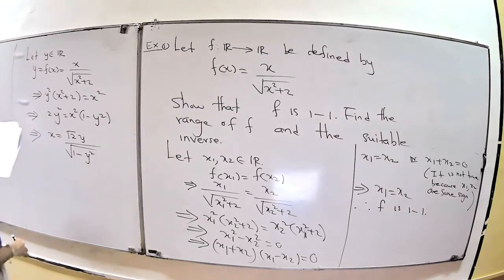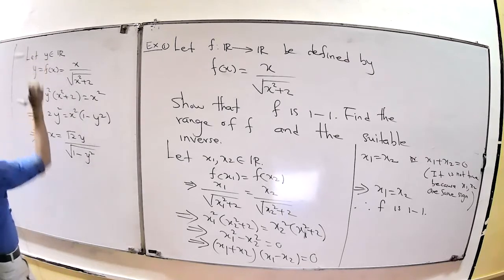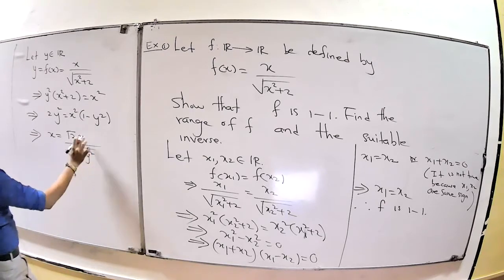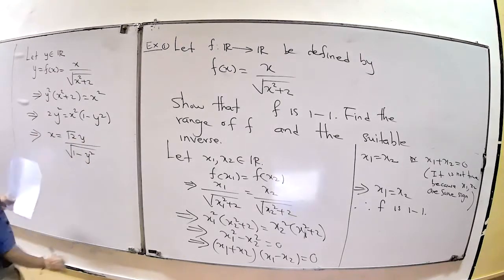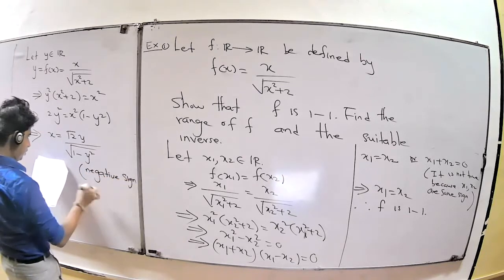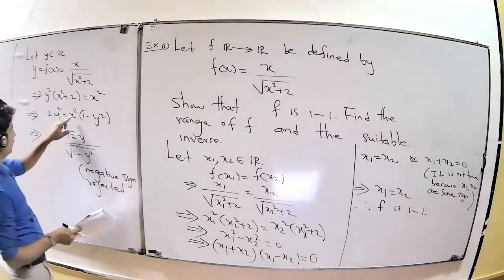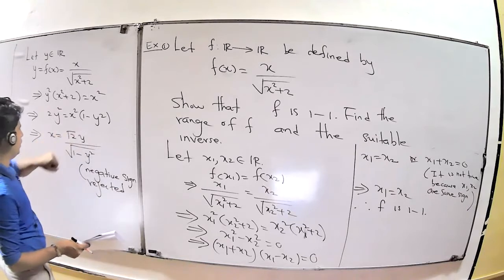Here the negative sign is rejected because x and f of x, which equals y, have the same sign. Suppose y is positive, then x is also positive. If y is negative, then x is also negative. Since x squared equals 2y squared over 1 minus y squared, taking the square root gives x equals plus or minus root 2 y over the square root of 1 minus y squared.